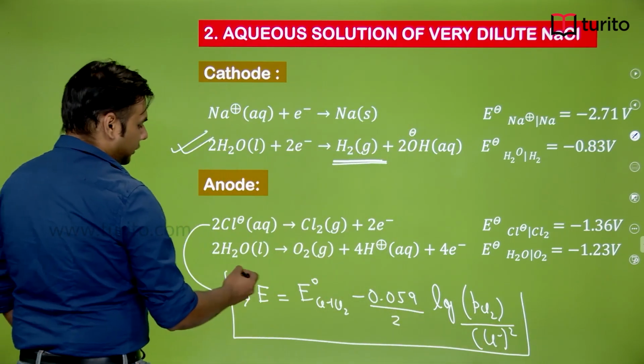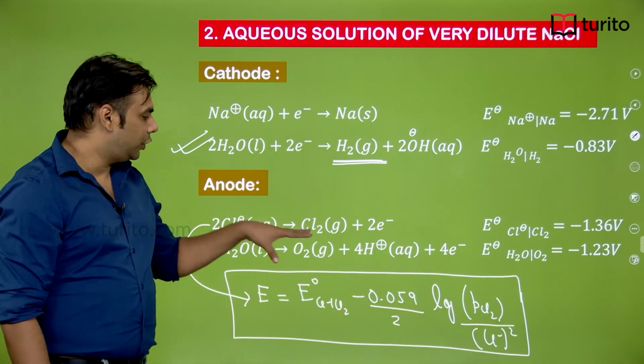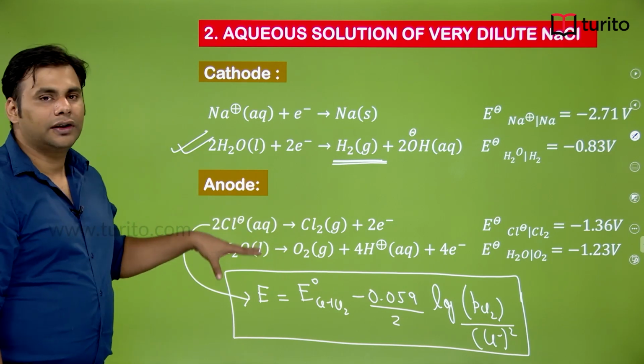So we have just applied the Nernst equation to get the potential or the EMF of this half reaction.